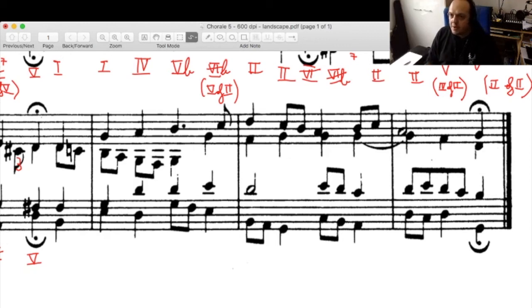Okay, there's a bit of part crossing in there in the harmonization. Let's see if I can manage. So we're coming from D major. Now B minor. God, part crossing. Lovely.